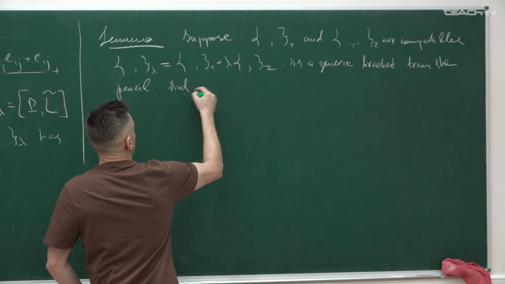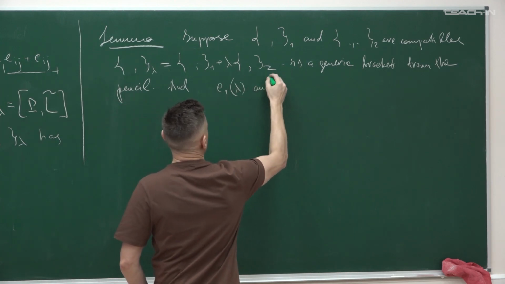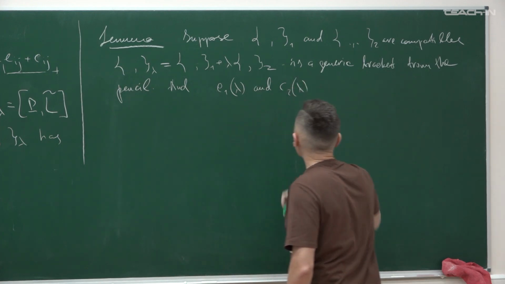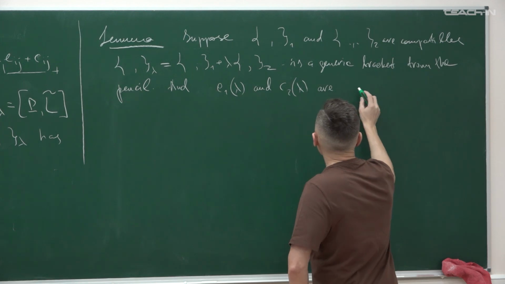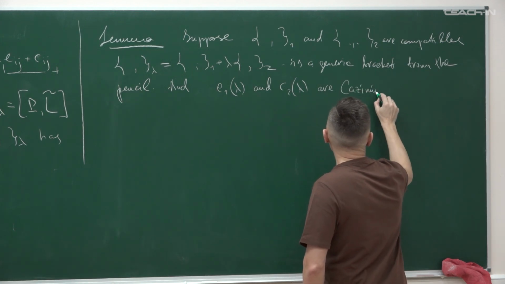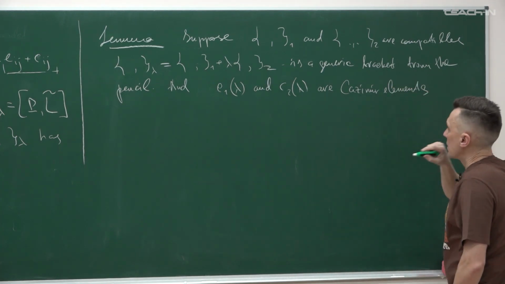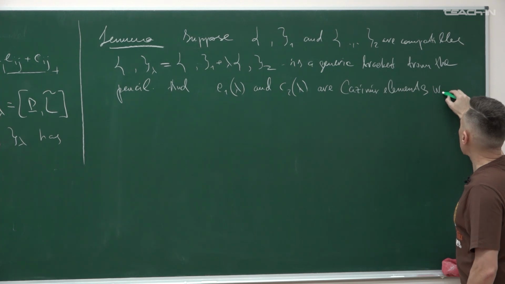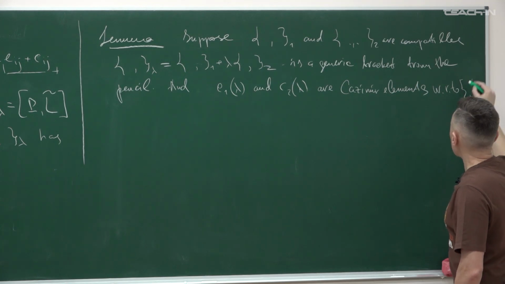And C1 of lambda and C2 of lambda are Casimir elements with respect to this generic Poisson bracket.